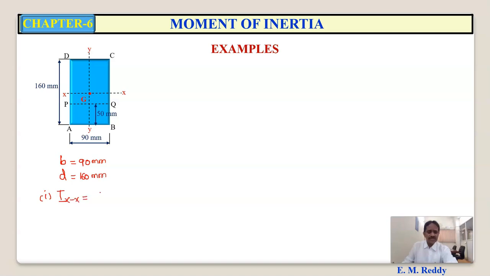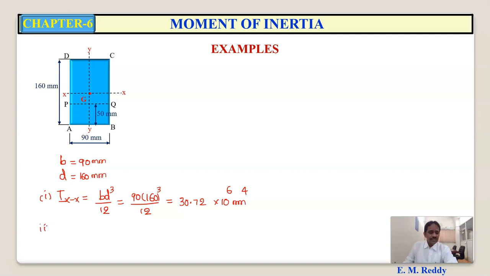Directly you can use the formula B d cube by 12. So it is 90 into 160 cube by 12. That gives you 30.72 into 10 raised to 6 mm raised to 4.